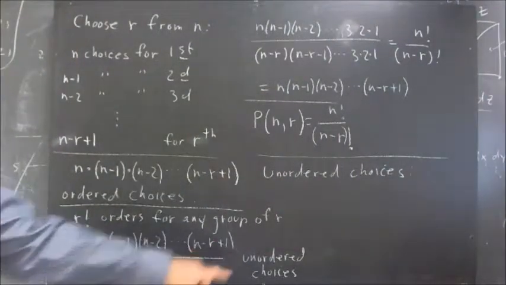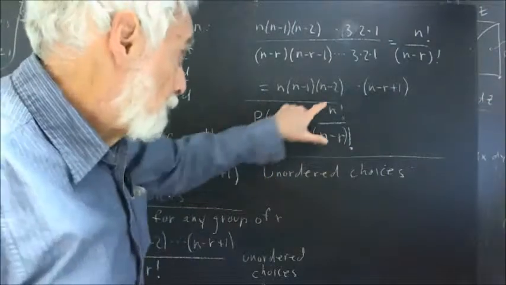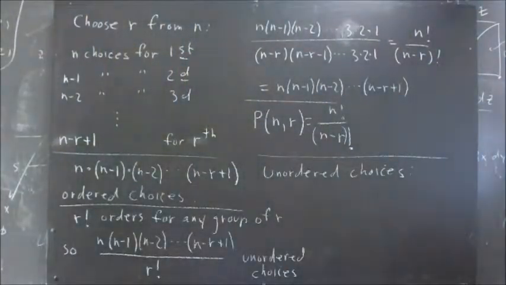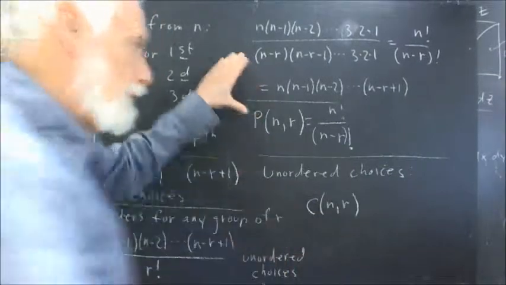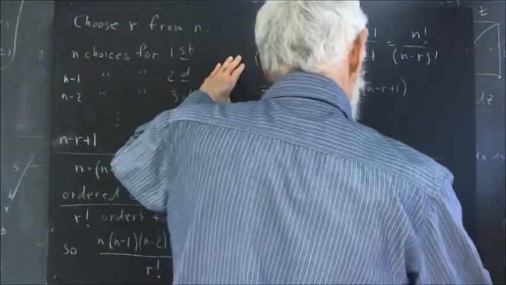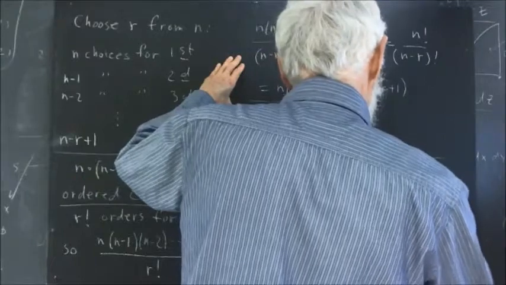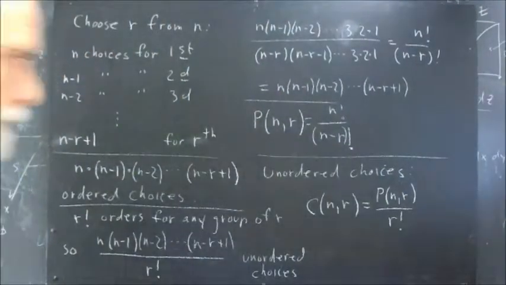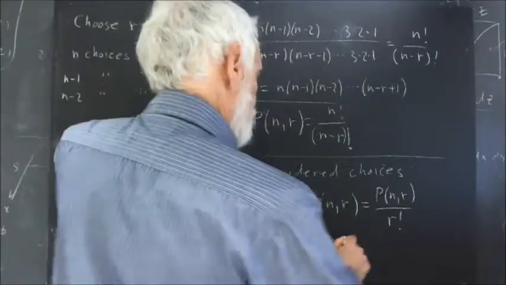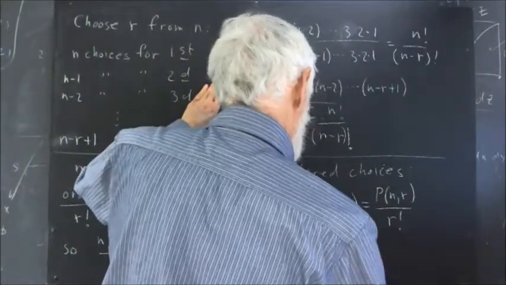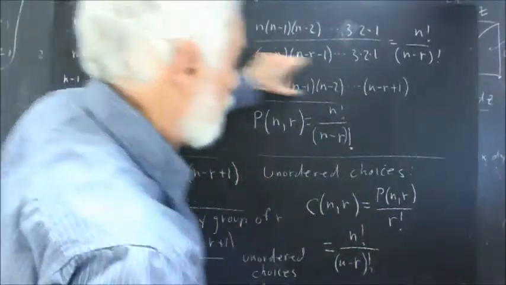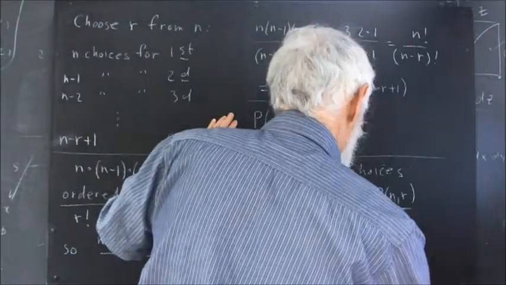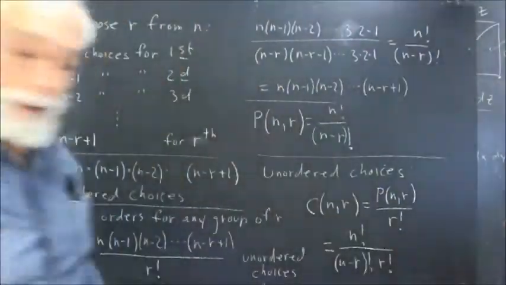We divided this, which is just this, which is equal to this, by r factorial, so that there are what we call C of n r, and that equals just P of n r divided by r factorial, and of course that then equals n factorial over n minus r factorial, which is our P of n r, and then we put another r factorial in the denominator.